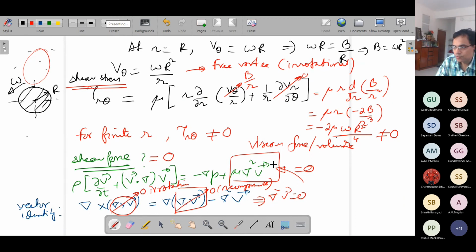So with this, we will draw a closure to the steady flow problems in the context of Navier-Stokes equation that we have discussed. In the context of Navier-Stokes equation, we will discuss two unsteady flow problems known as Stokes first problem and Stokes second problem. That we will take up in the next class.